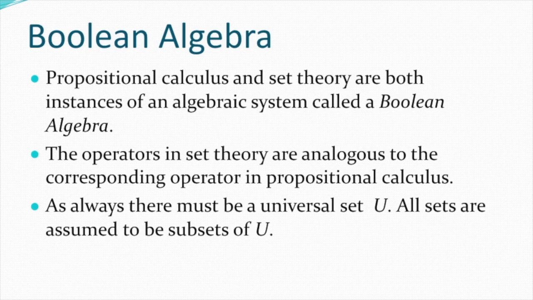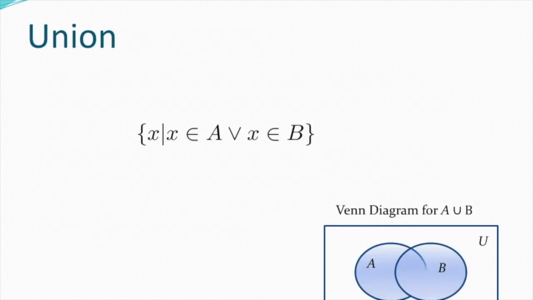As always, there must be a universal set U that contains every single element that you can consider, or you can sense, or you can think about. So let us first take what we mean by the union of two sets.